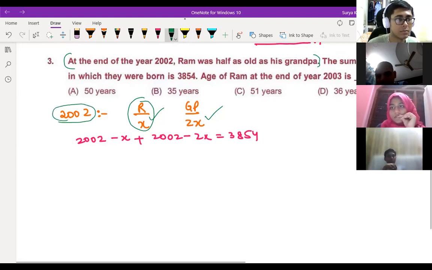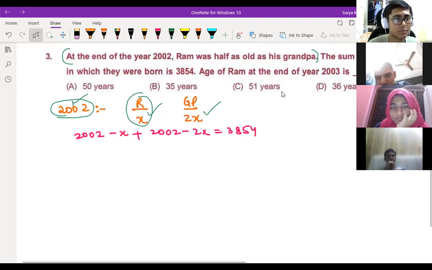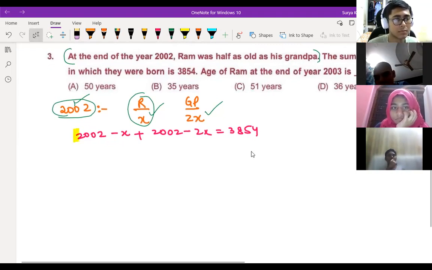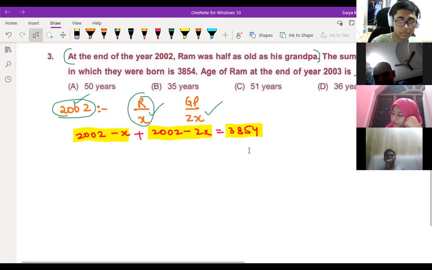When were you born? 2002 minus your age, you will be born in that year, right? So 2002 minus X is when Ram was born, and 2002 minus 2X is when grandpa was born. Correct. Fine.